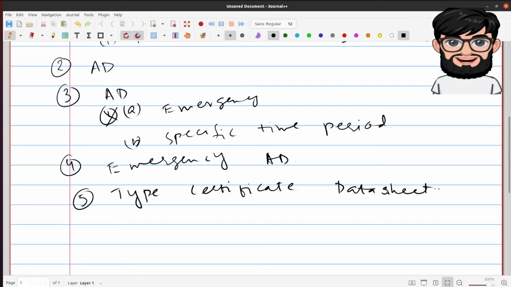It lists the specifications, conditions, and limitations under which the airworthiness requirements were met for the specified product. And it doesn't have to be just the whole aeroplane. It could be for the engine, it could be for the fuel type, and it could have the engine limits and that kind of stuff. So that's called the type certificate data sheet.